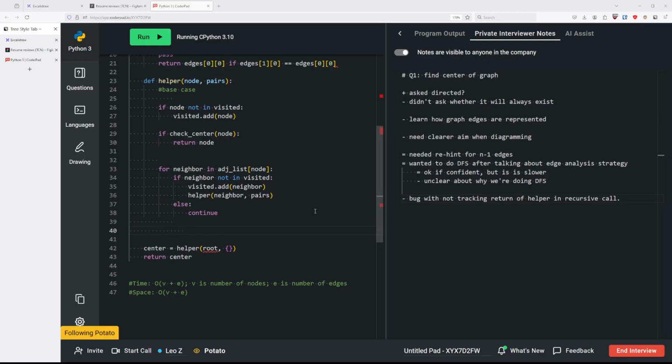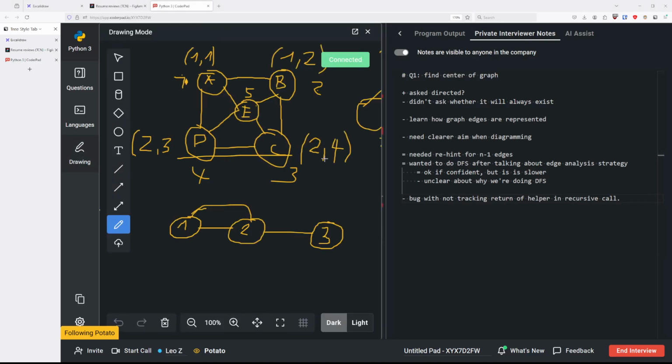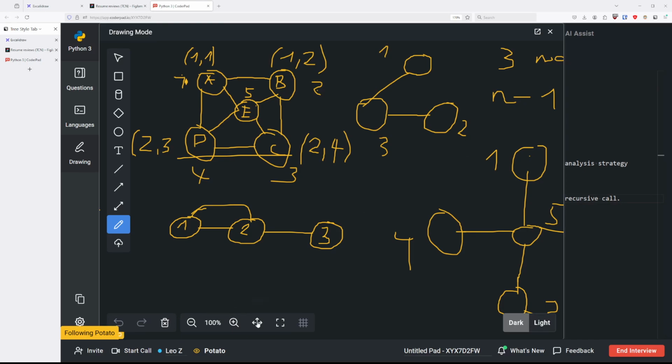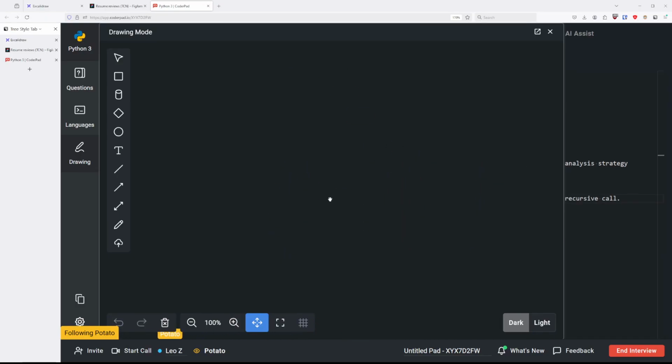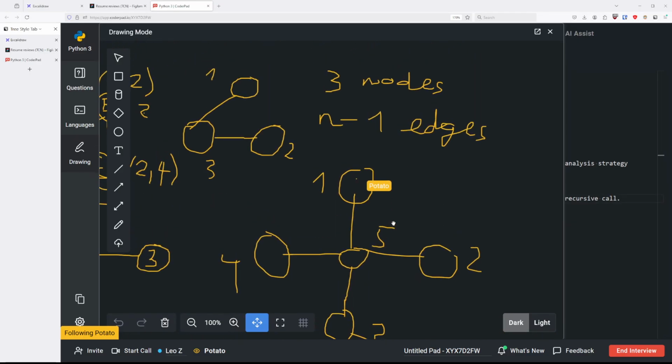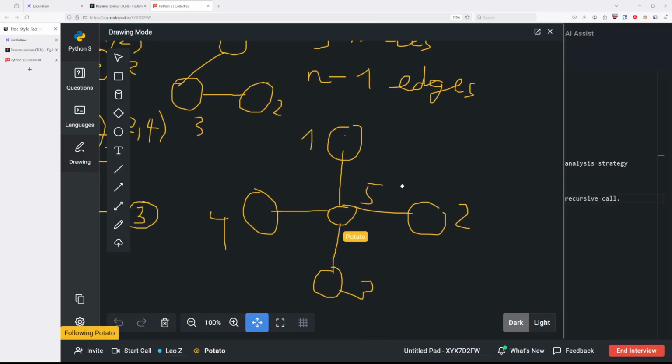Let's say in this example we start from node 5 to node 2, and node 5 to node 1, 5 to 4, also 5 to 3.